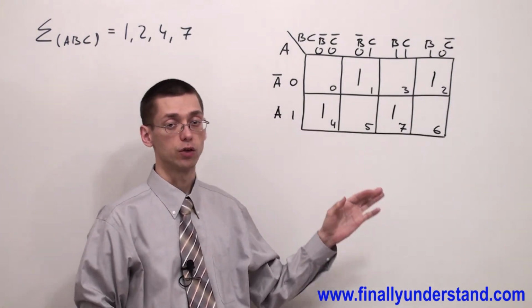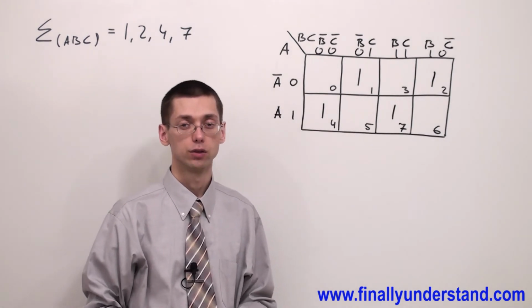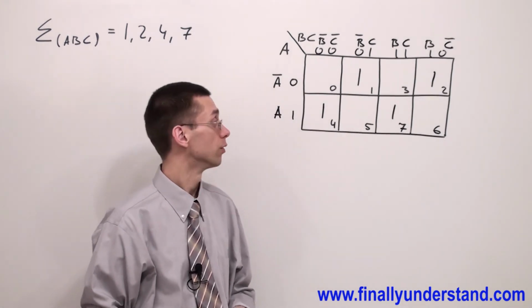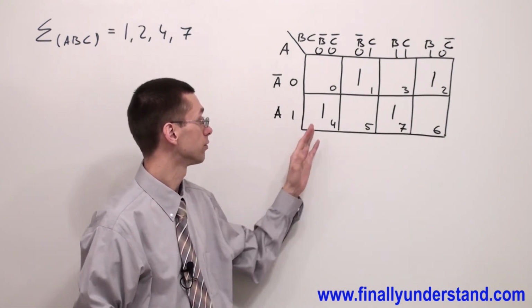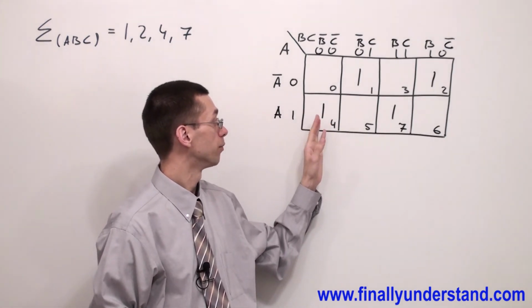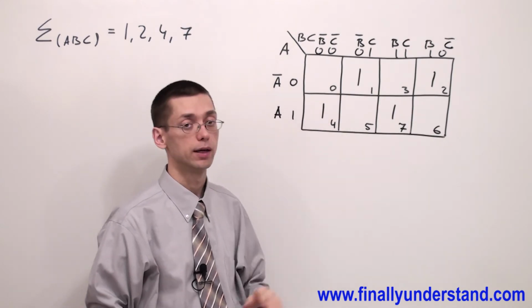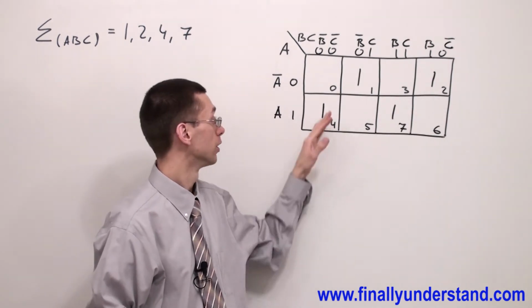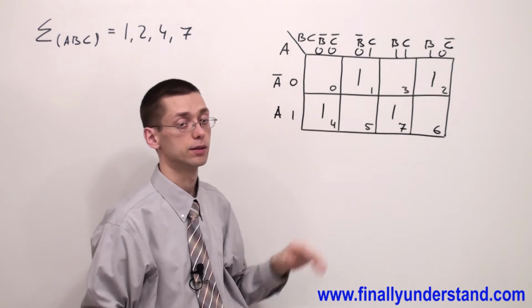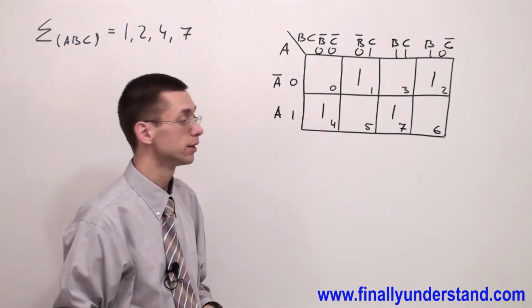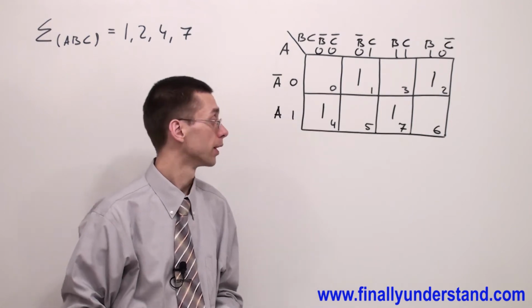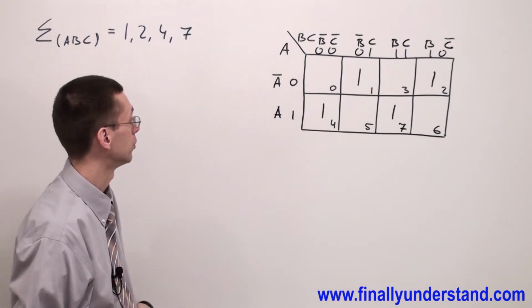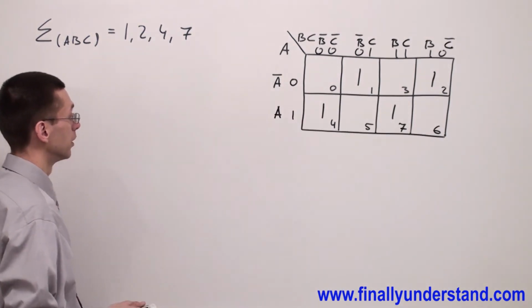We can create groups of 1, 2, 4, or 8 ones, but at this moment, all of them are placed in a way that we cannot group them, because we cannot group the ones diagonally. So in this case, the K-map is useless. We cannot use a K-map to solve this problem.